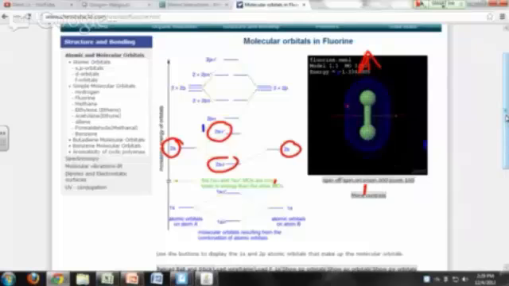So if you have a p orbital here and a p orbital here, that gives you a 2p sigma molecular orbital, that particular linear combination. So the 2p sigma, let's show 2p sigma.